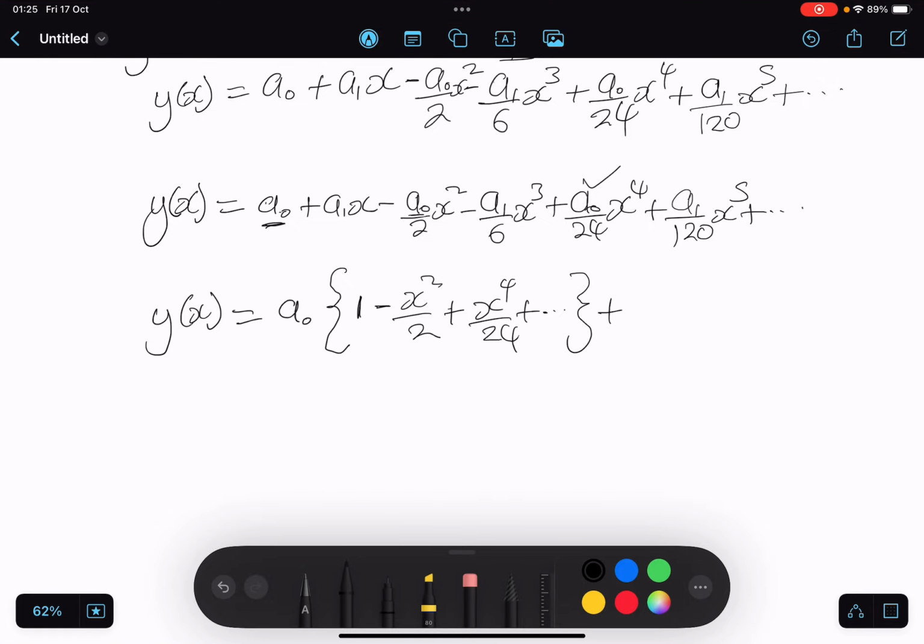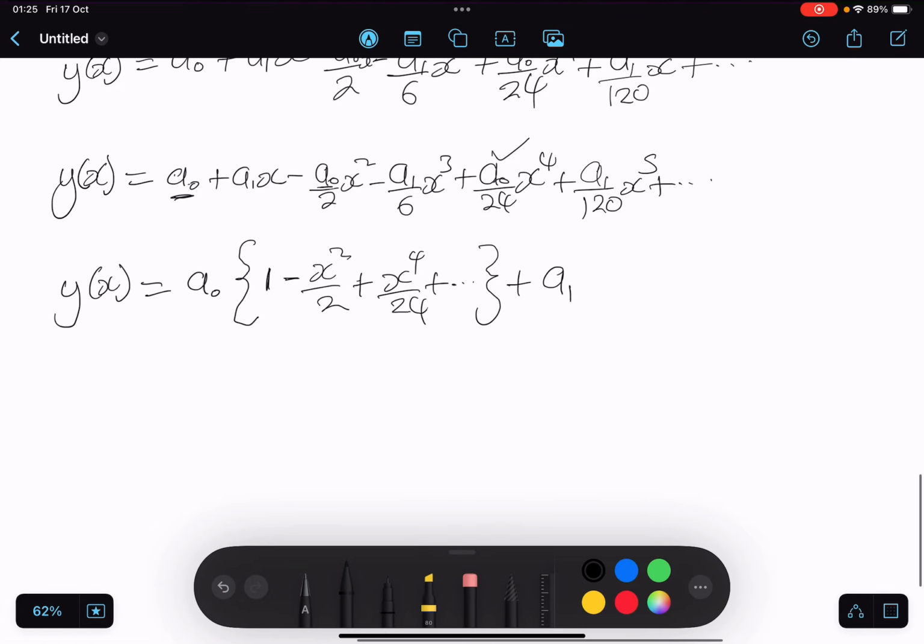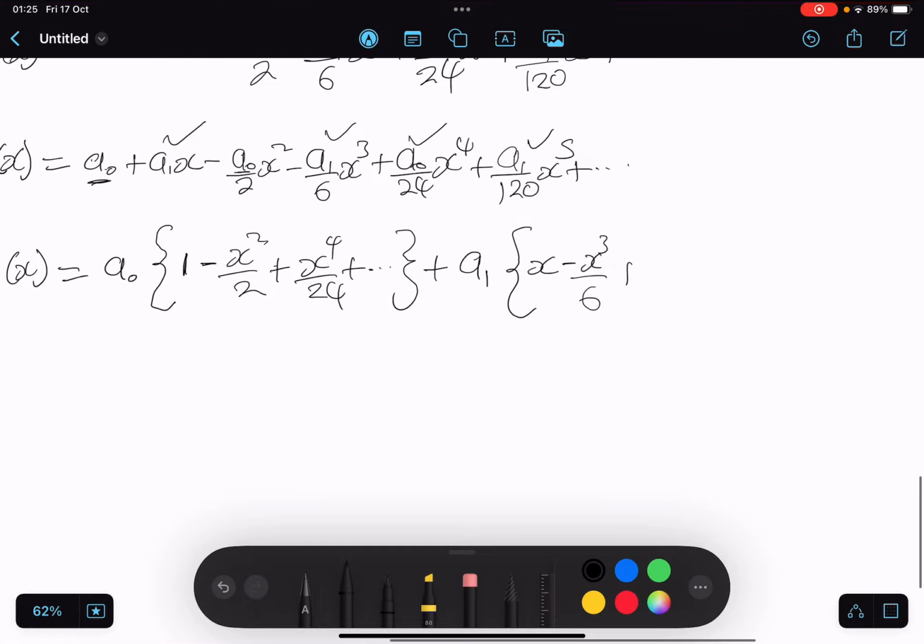And then this is plus, factor out A1 here, it's going to be x, and also minus x cubed over 6, and plus x to the power 5 over 120 plus, obviously the series continues, right?